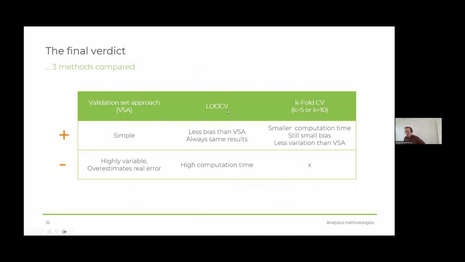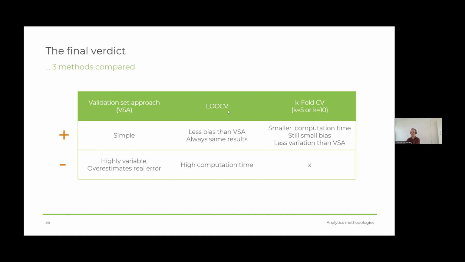The upside of leave-one-out cross validation is basically that there's no variation. You cannot split your data any differently because you just leave out one, so there's always the same result. And therefore, you also get a better approximation of the actual performance of your model.